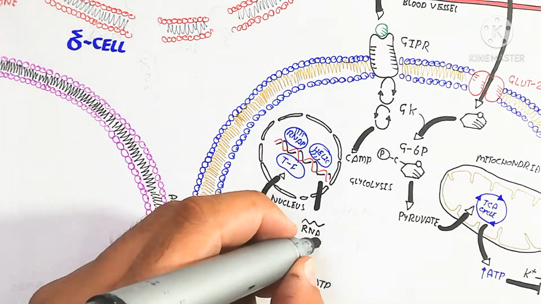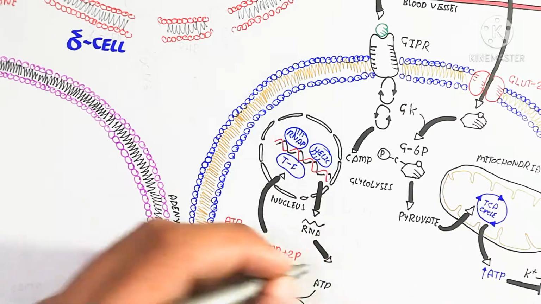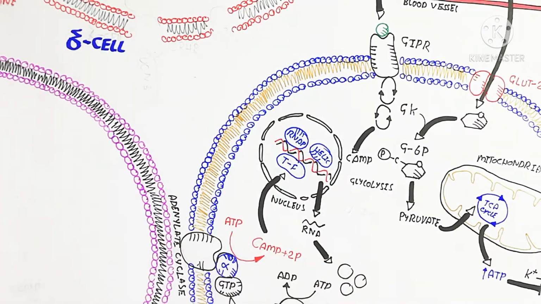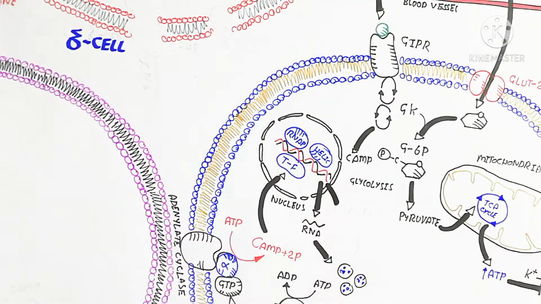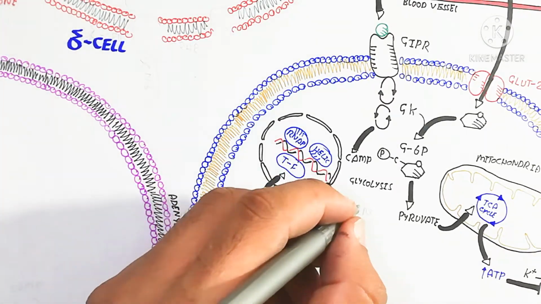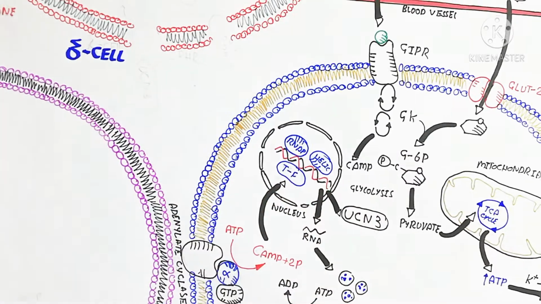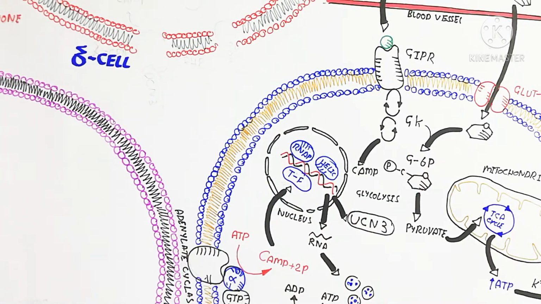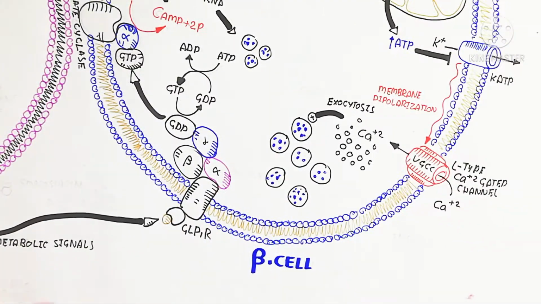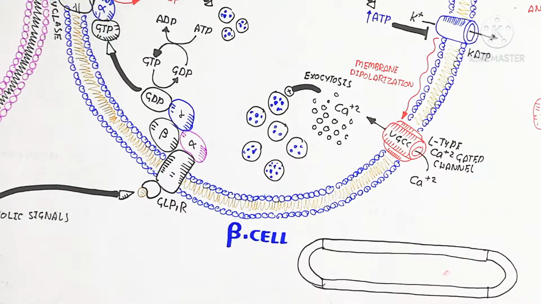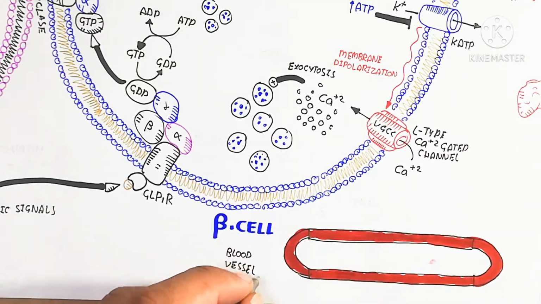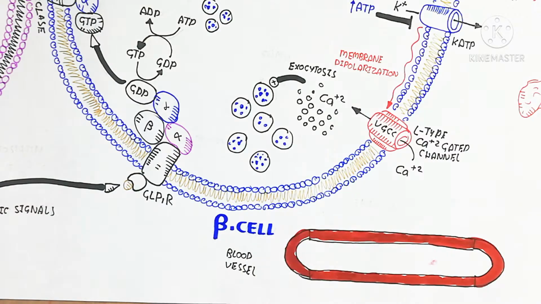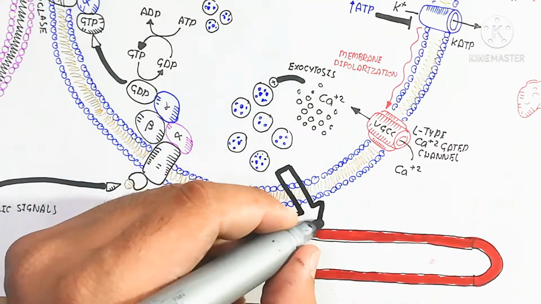Then transcription produces messenger RNA, and this messenger RNA produces insulin by going into the rough endoplasmic reticulum to the Golgi bodies for maturation, and that is known as translation, while the transcription also leads to producing UCN3. The UCN3 is important to stimulate the delta cell.